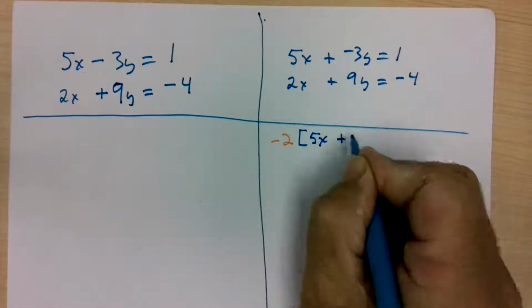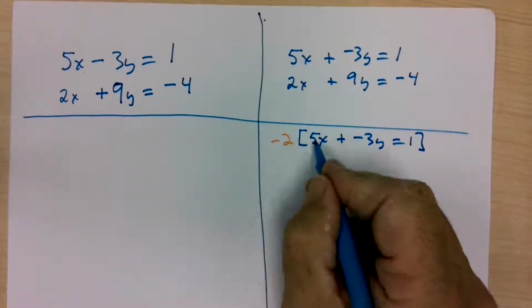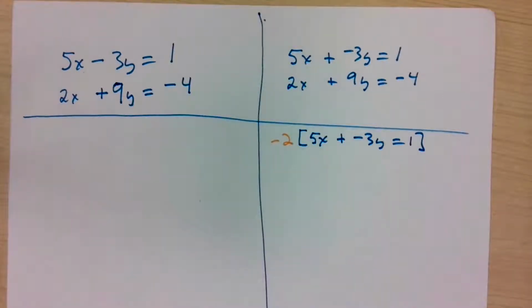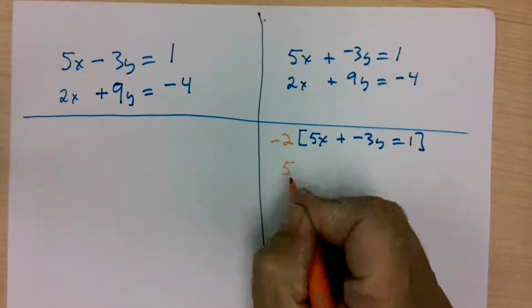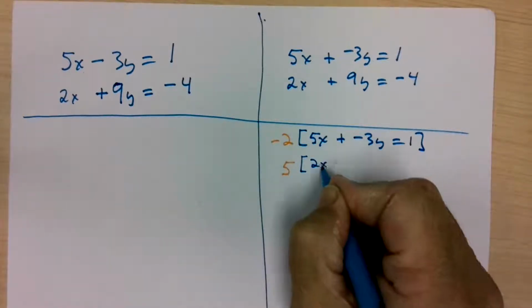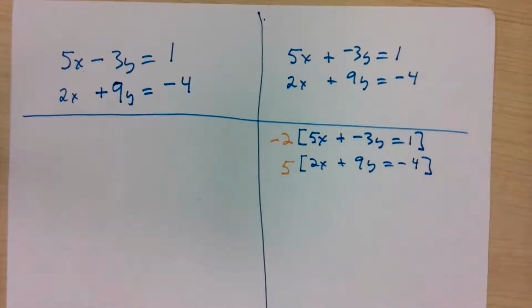So we get 5x plus -3y is 1. -2 times 5x is -10x. I want this to be positive 10x. So multiply the second equation by positive 5, and I get 2x plus 9y is -4. So let's distribute.